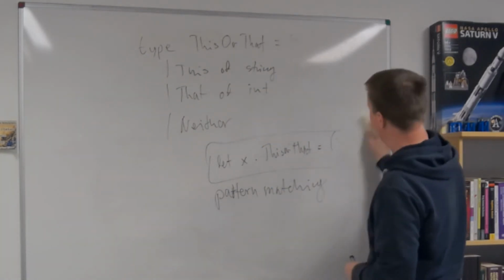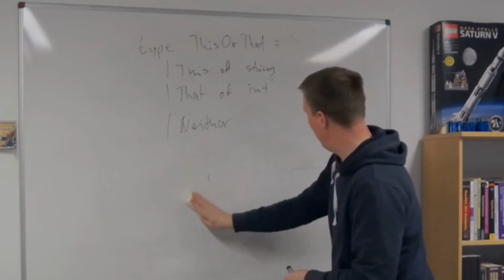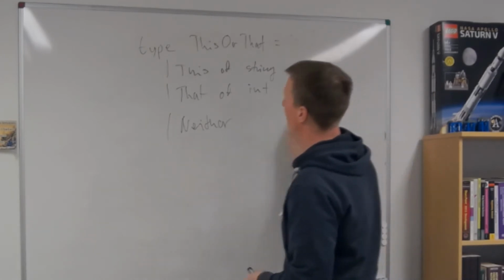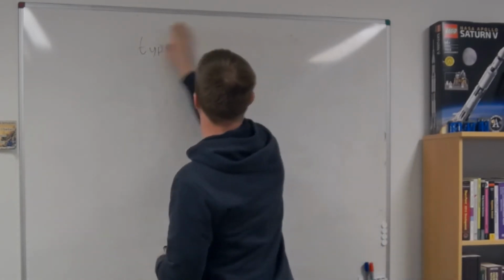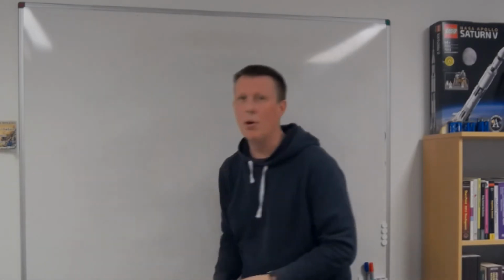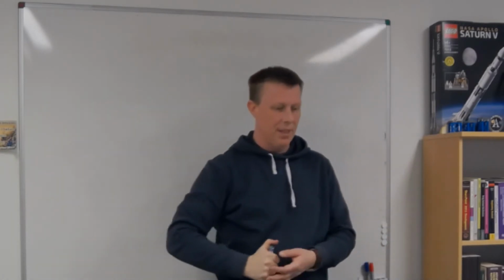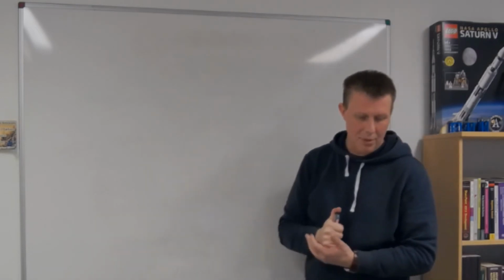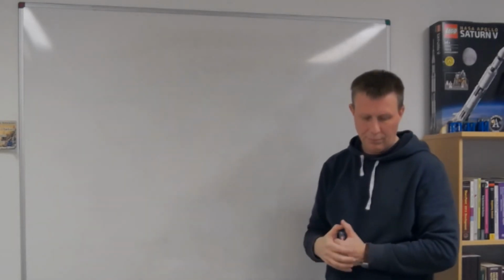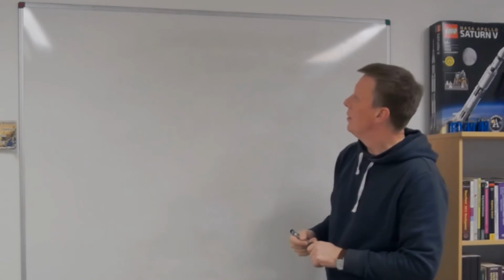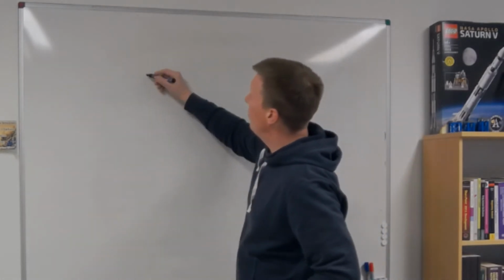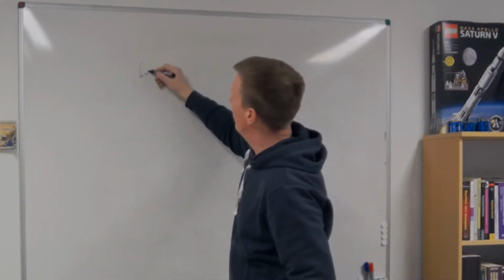And pattern matching is something very simple, so that's nothing to be worried about. We will talk a little bit more about the usage of these algebraic data types instead. So in F#, if I want to create this or that, let's suppose I want to create some value of this.